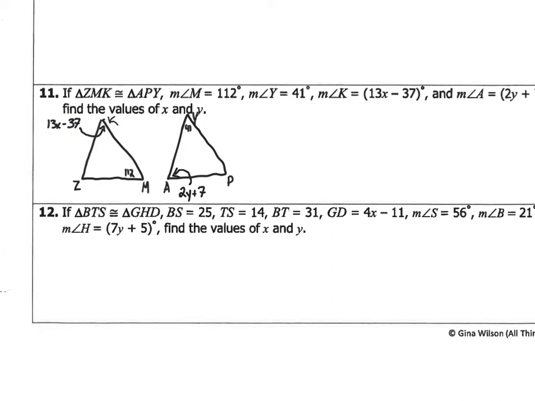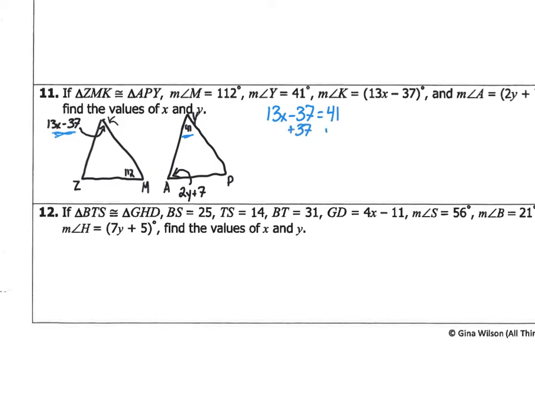All right. So now we have the triangle. And it says find the values of X and Y. So right away, we can find this one because we know the value of this angle, right? So we would have 13x minus 37 equals 41.